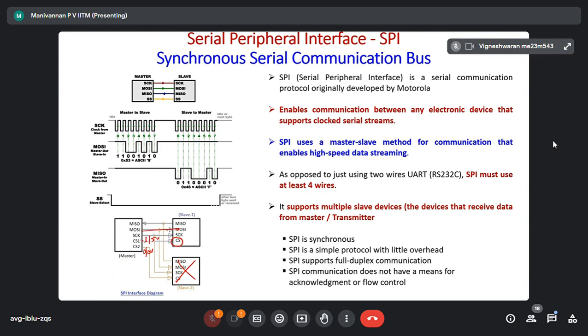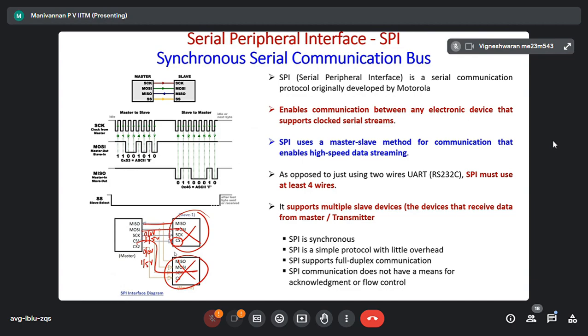The data will be transmitted to the first slave. By making this pin equal to 1 or 5 volts and making this pin equal to 0 or 0 volts, this device is this one, data can be transmitted like this. So master can decide to which device you can send data. Correct? That is the advantage.